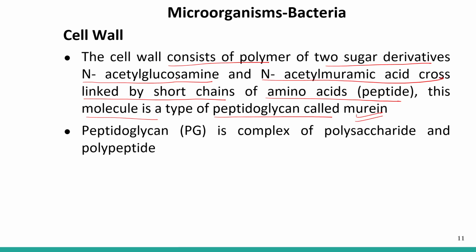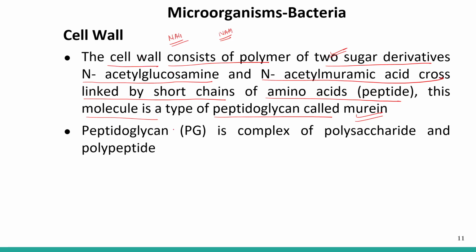So N-acetylglucosamine, NAG, and N-acetylmuramic acid, NAM. NAG and NAM are the two sugar derivatives that are present in polymer form and they constitute the cell wall.